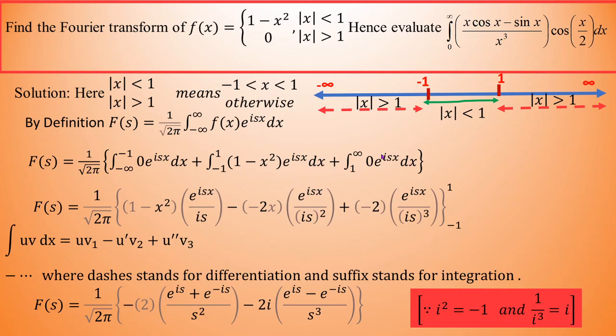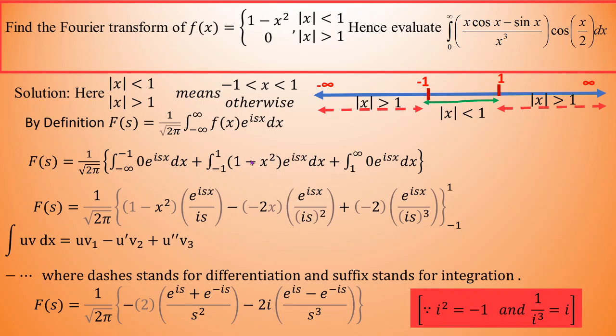Obviously the first and third integrals vanish, so we will have to just simplify the second one. Again here we find the product of two functions, out of which one is algebraic. In such a case we will use the Bernoulli formula, that is successive integration by parts. This will be my first function, 1 minus x square, and e power isx will be the second function.